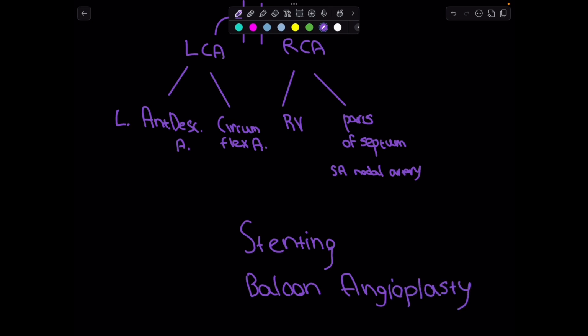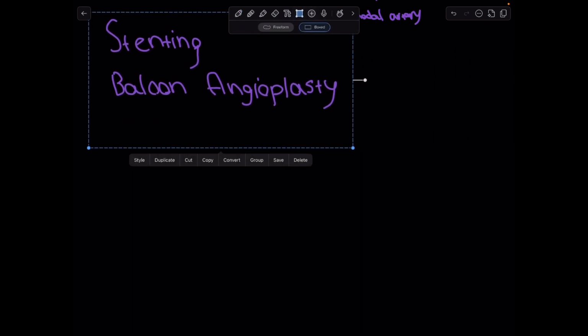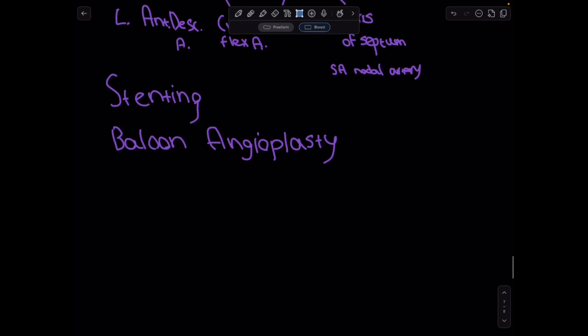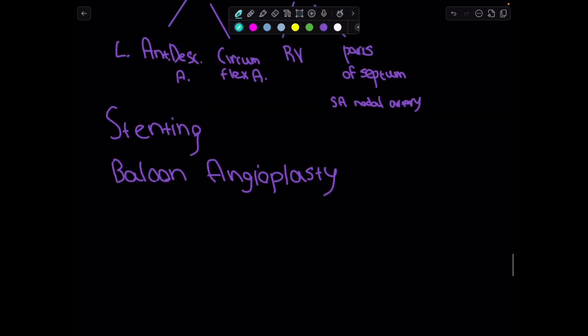Balloon angioplasty: a catheter with an inflatable balloon is inserted into the narrowed coronary artery and inflated to compress the atherosclerotic plaque, widening the vessel to improve blood flow, often used as a precursor to stenting, but carries a higher risk of vessel re-narrowing, restenosis.